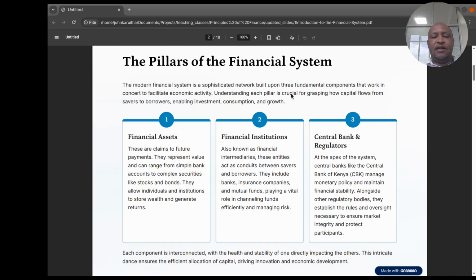Financial assets, we define them as claims to future payments. That may sound very abstract. You may not understand it. What we mean is that when you hold a financial asset, you can use it to claim some payment in future.